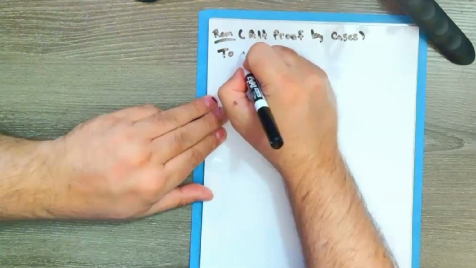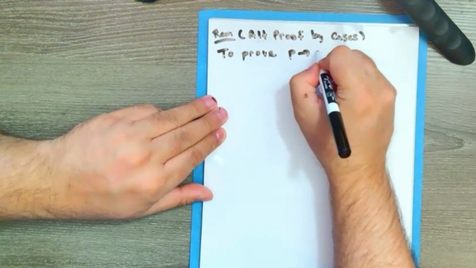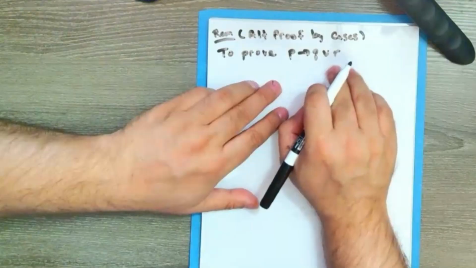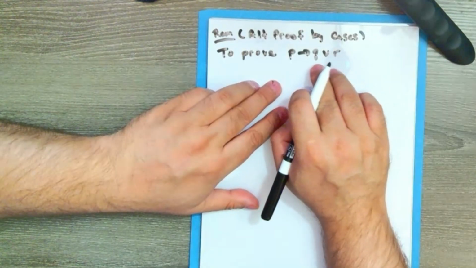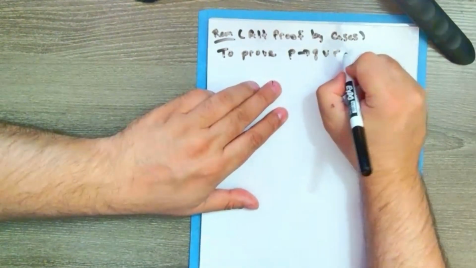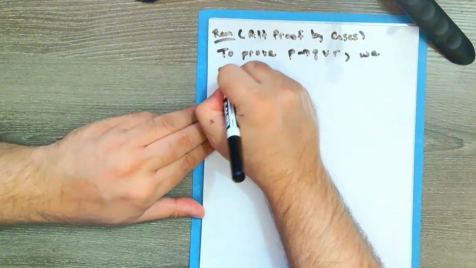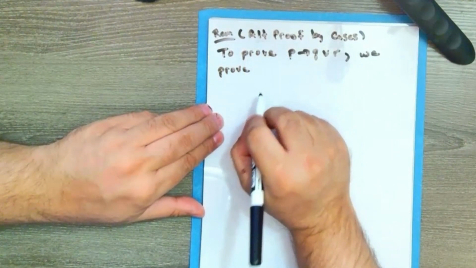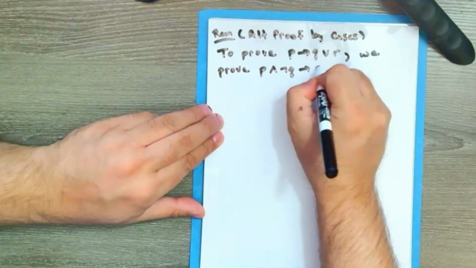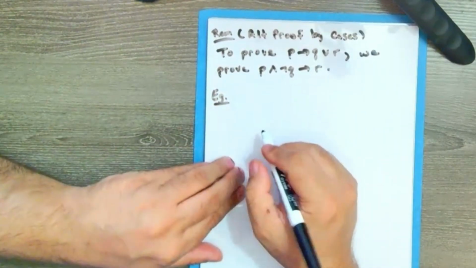So to prove an implication of the form P implies Q or R, notice that in this implication, it is the conclusion that has cases where either Q is true or R is true or both. And to prove an implication of this form, we prove the logically equivalent statement that P and not Q implies R. So let's look at an example using this technique.